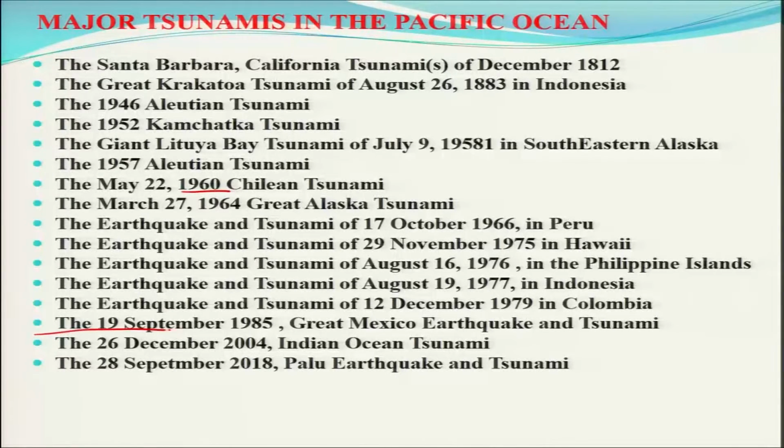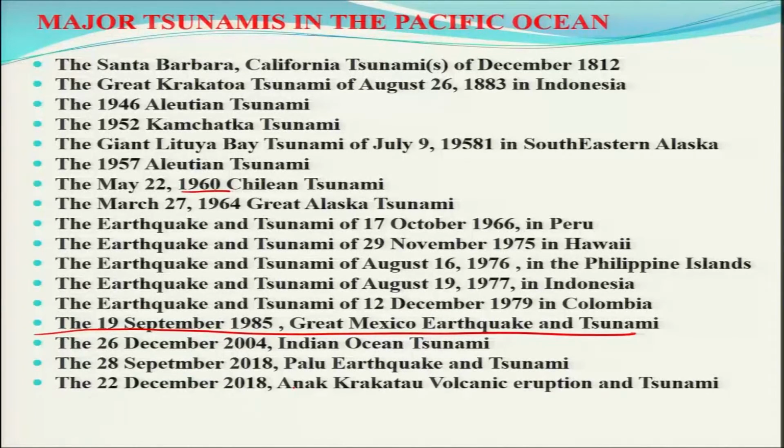So these are all Pacific, and below what you see is from the Indian Ocean. So you can understand that this was in September, and another was triggered in 2018 again in December, and that was because of the Krakatau volcanic eruption.